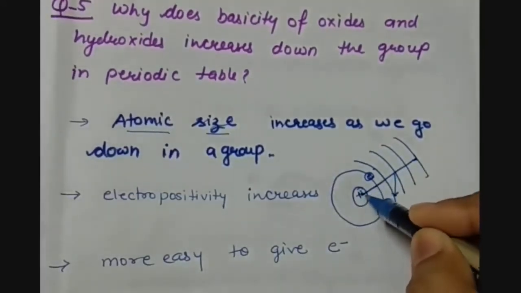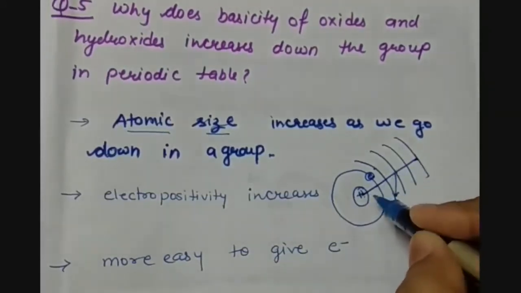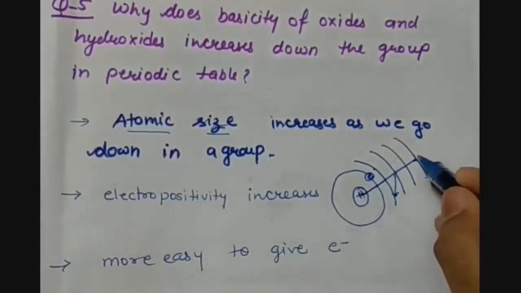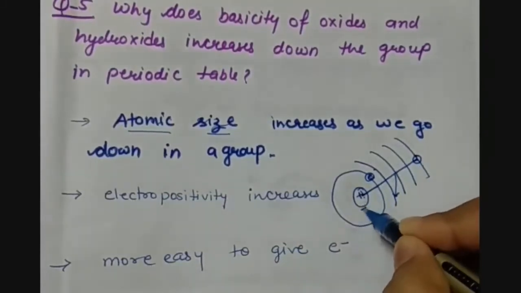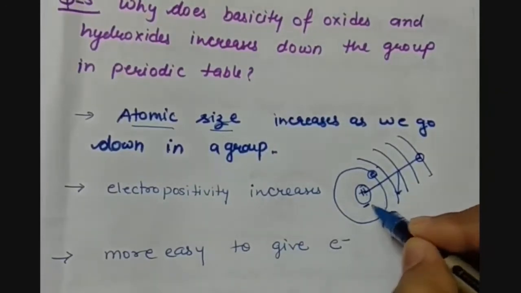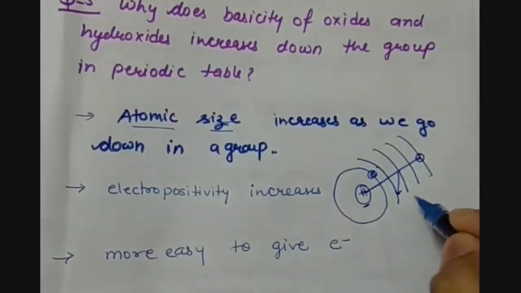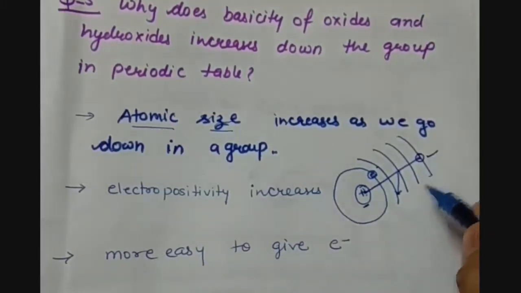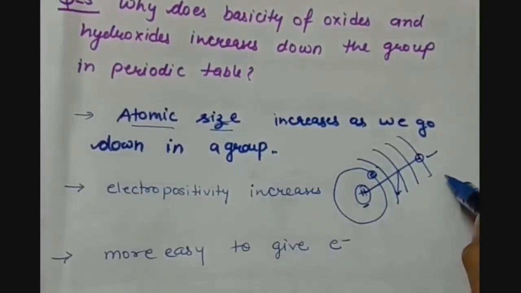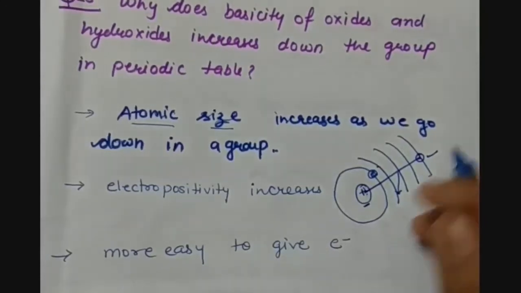So as the radius of the atom increases, the attraction between the electrons and the nucleus is very less, and the hold of the nucleus on these electrons is very less. That makes it more easy to lose this electron. That means when the size increases, the electropositive nature of a metal also increases.